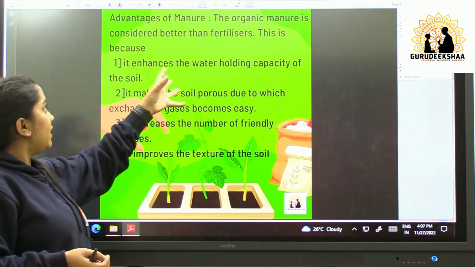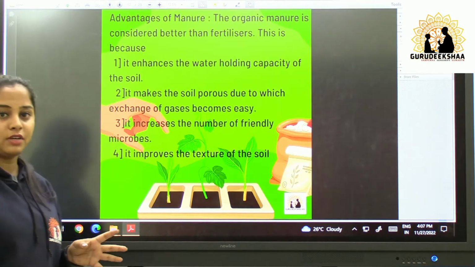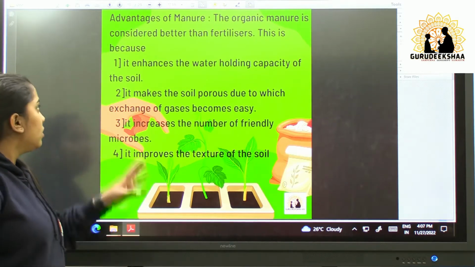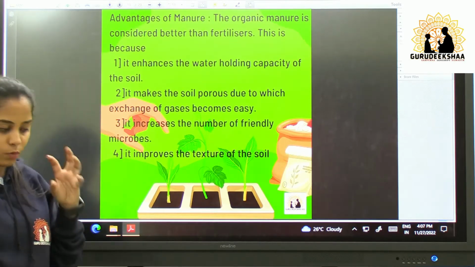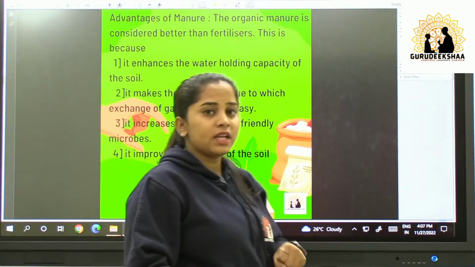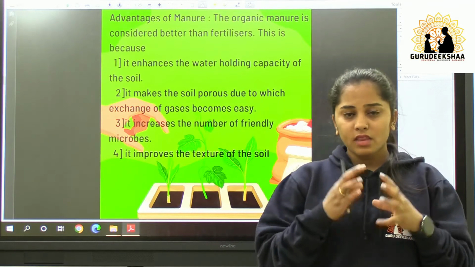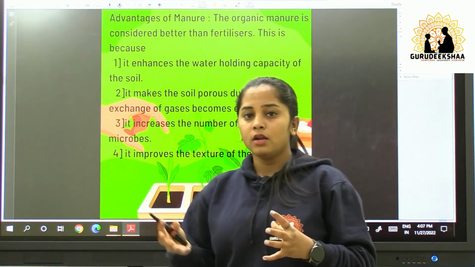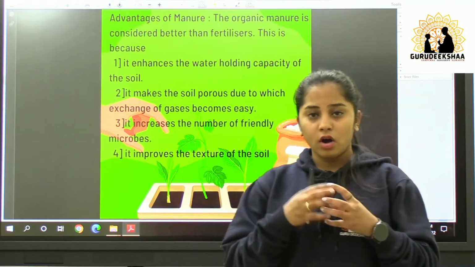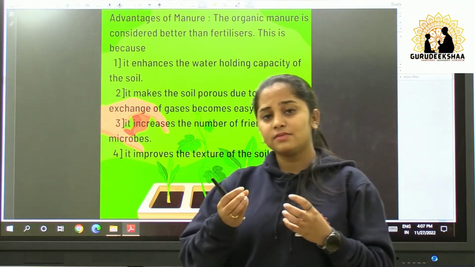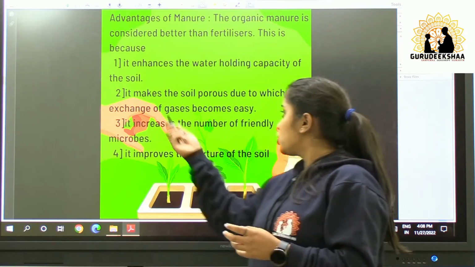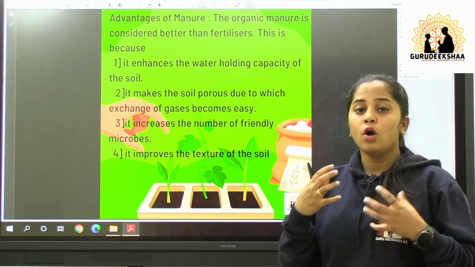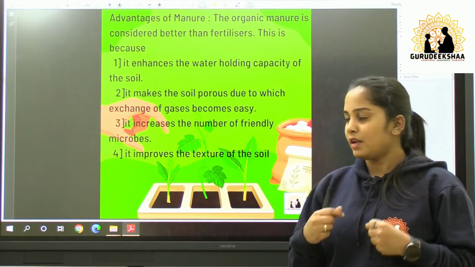So it enhances the water holding capacity of the soil. The water holding capacity of the soil is very important, because the plants will get the nutrients from the soil only. So the soil should obviously have more water holding capacity, right?